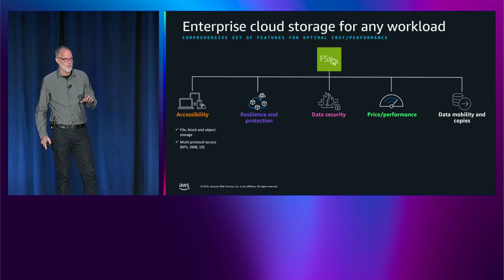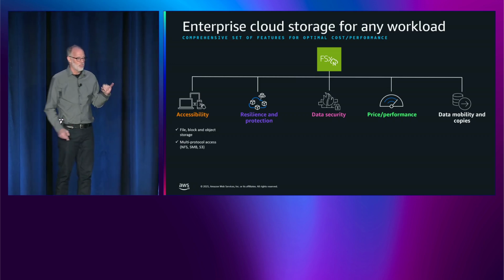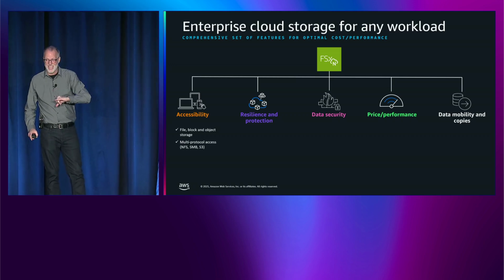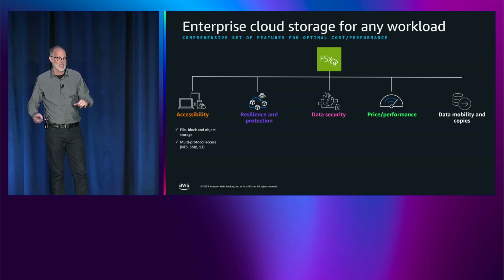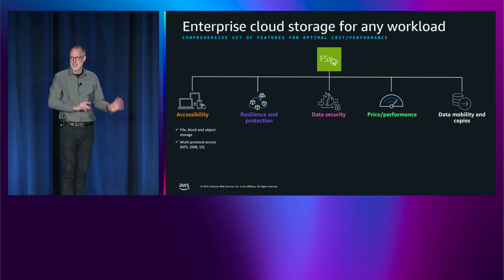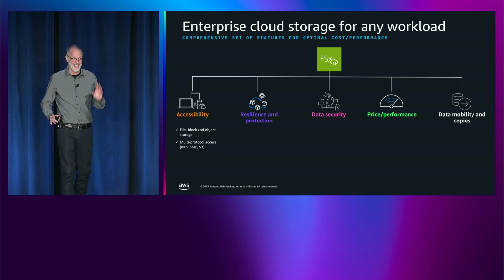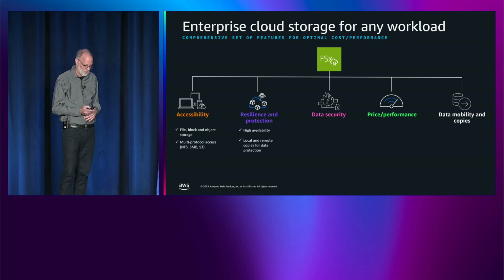FSx for ONTAP can be an endpoint to all these different AWS services that leverage S3, like Bedrock, Redshift, all of those now. So now you can have one set of data and do AI type of work on that same set of data. Now, that's not what this talk is about, but I just want to make sure I highlighted that new announcement.